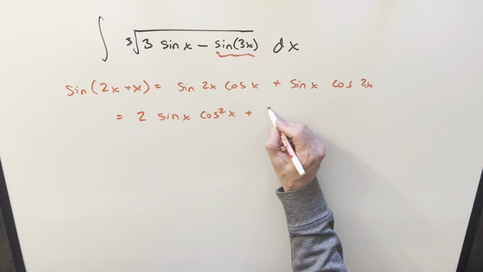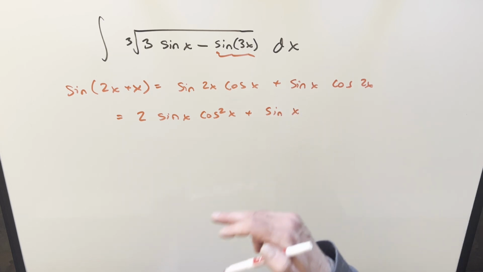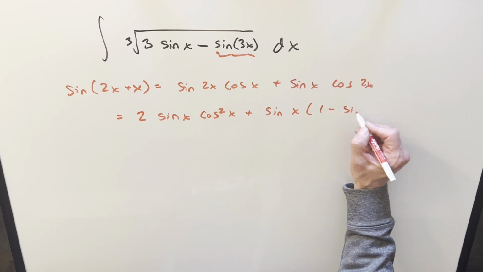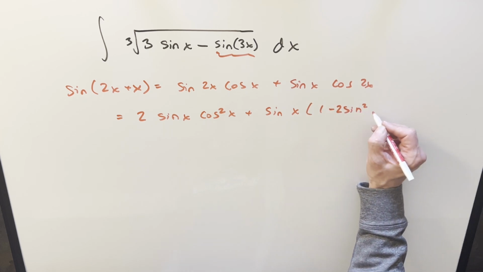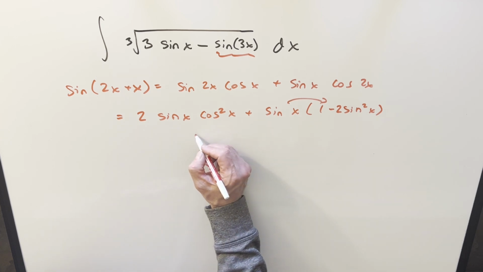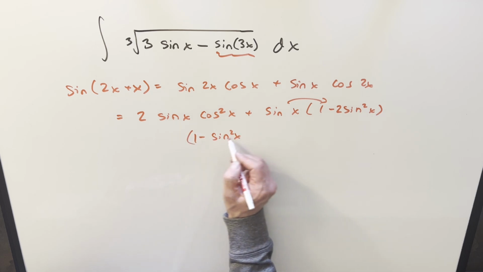And then here, we'll use the double angle formula for cosine, but I'm trying to get it in terms of sines, so I'm going to use this version of it and write it as 1 minus 2 sine squared x. But then I can distribute this part in here. For cosine squared x, I can write that as 1 minus sine squared x, getting everything to sines.